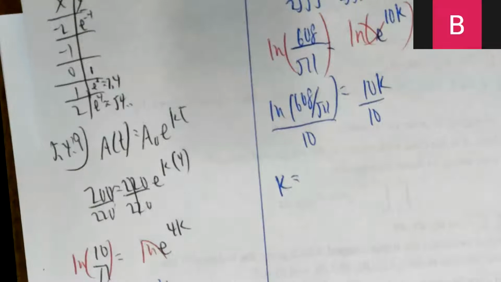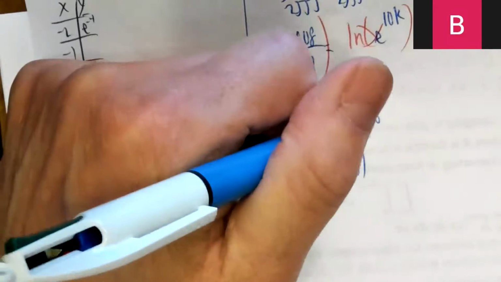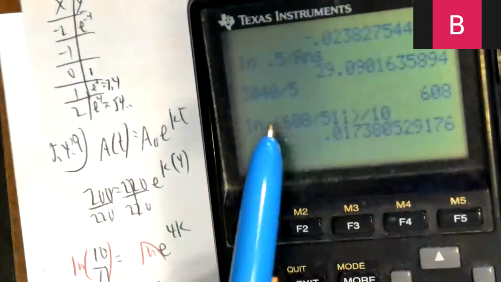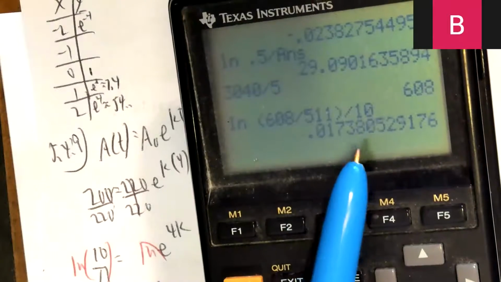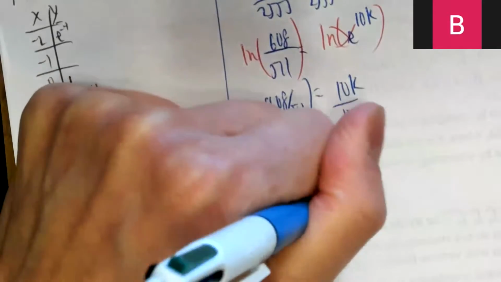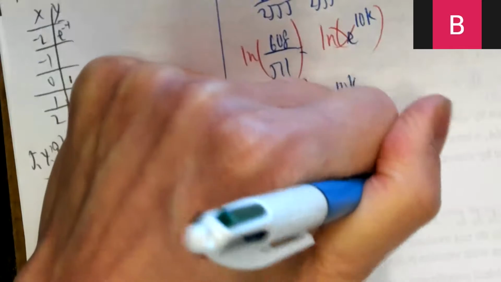In the calculator: ln of 608 divided by 511, close parentheses, divided by 10, which is 0.01738 rounded off. So A of t is 2,555 e to the 0.01738 t.